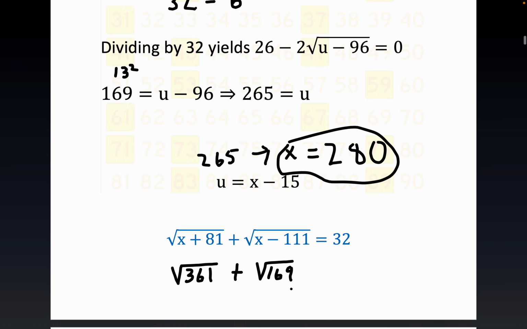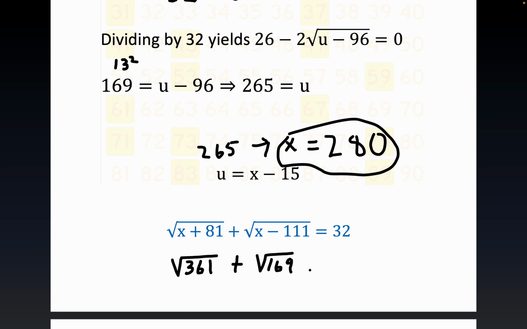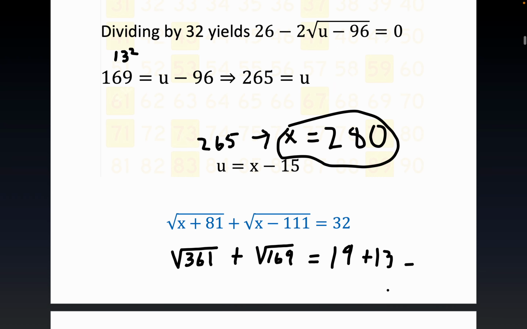This is equal to 19 plus 13. 19 squared is 361, and 13 squared is 169. That does equal 32, so it does check. So that is the answer, folks.